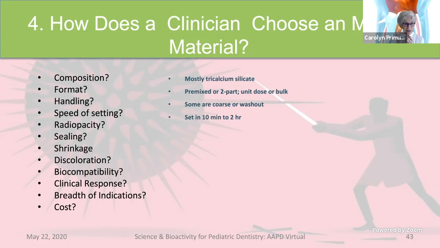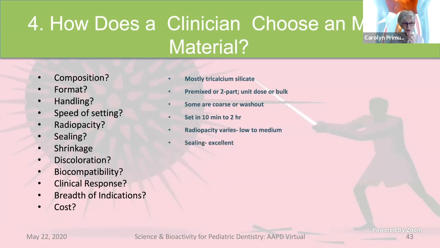The speed of setting goes from about 10 minutes to 2 hours, but you know, they're not as fast as the materials that you may be used to in dentistry, more like impression materials. The radio opacity varies. It goes from low to medium, not as high as some endodontic sealers, but adequate.